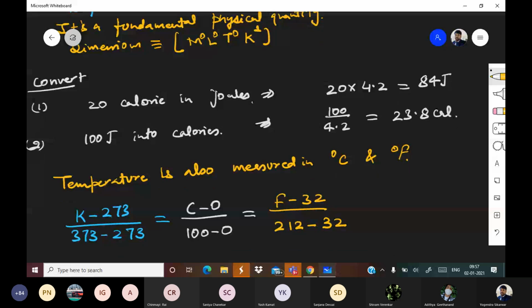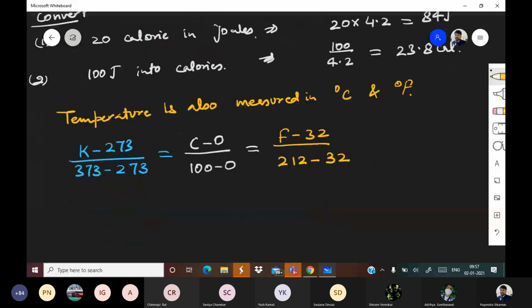Now I can simplify this as (K minus 273) upon 100 is equal to C upon 100 is equal to (F minus 32) upon 180.